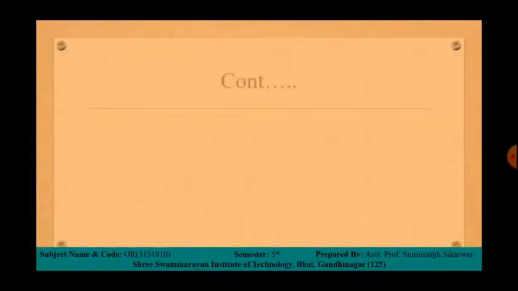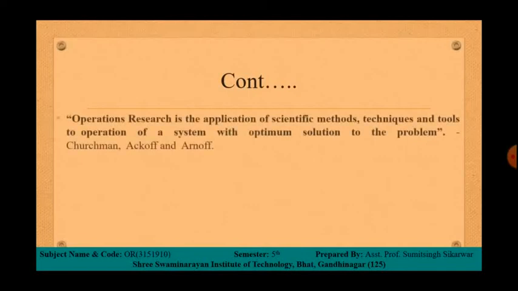Another definition: operation research is the application of scientific methods, techniques, and tools to the operation of a system with optimum solution to the problem, which was given by Churchman, Ackoff, and Arnoff. Now, this definition clearly states that operation research applies scientific methods to find an optimum solution to a problem of a system.